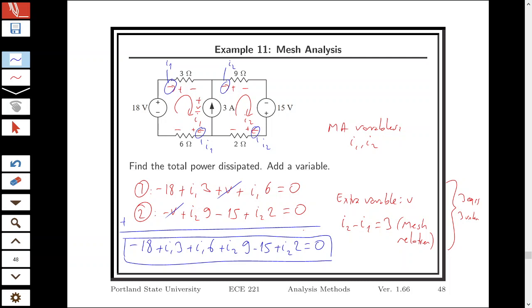Actually, this is the KVL equation around the bigger loop, and that loop is called supermesh.